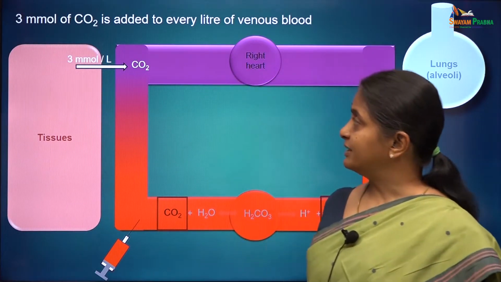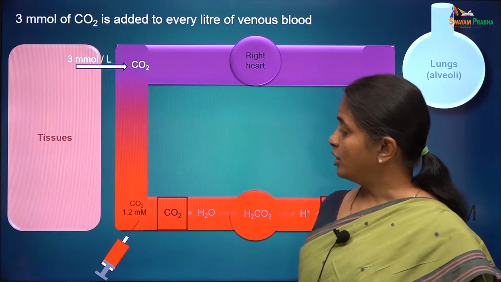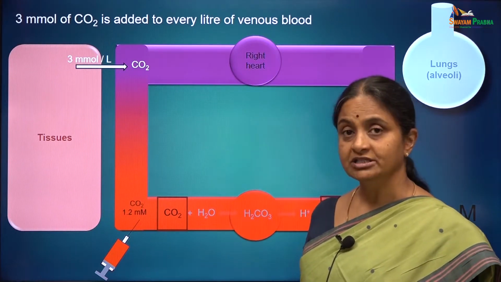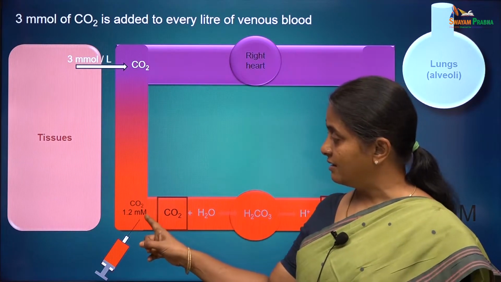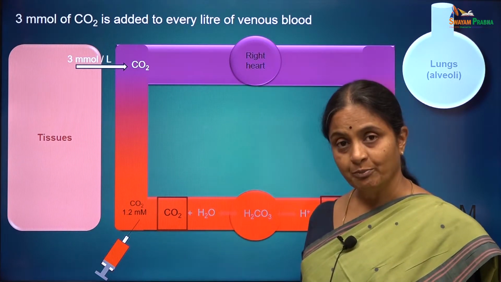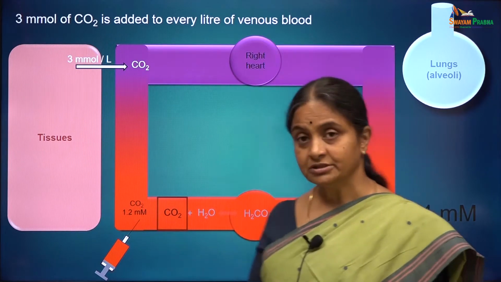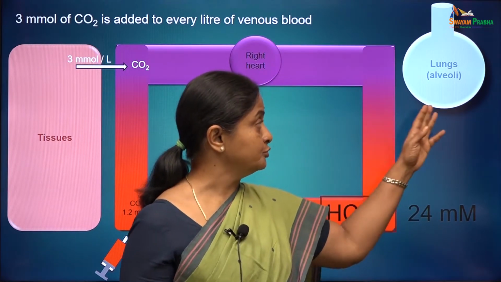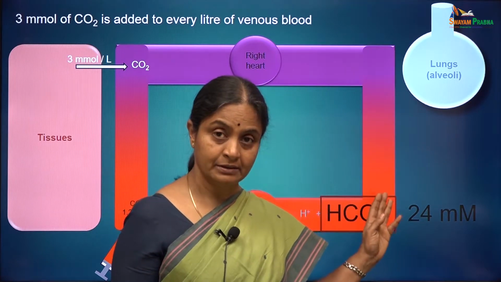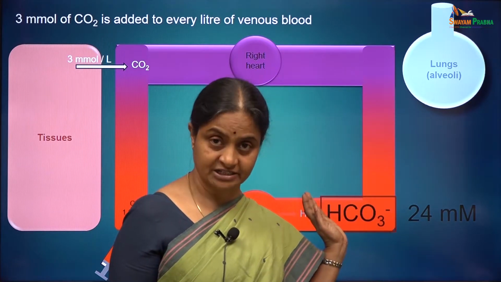When 3 millimoles per liter of carbon dioxide is added, what happens to the carbon dioxide concentration of venous blood? In arterial blood, it was 1.2 millimoles per liter, and that amount is allowed to escape the lungs and come into arterial blood.